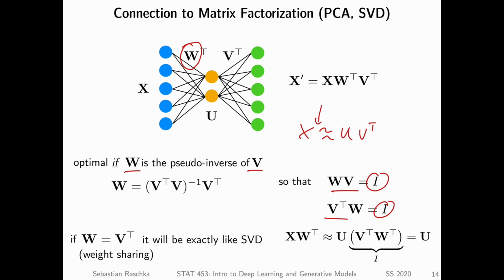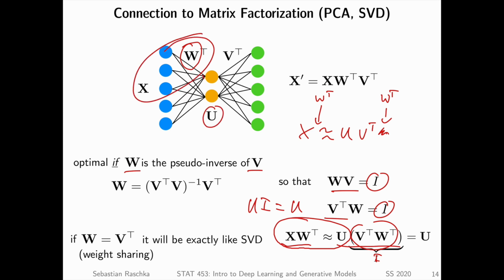If I add the V transpose here on both sides, I get this, and this is the identity matrix. So this reduces to I, and U times I would be simply U. So we have this setting here where X multiplied with W transpose is producing U. So these together produce U.